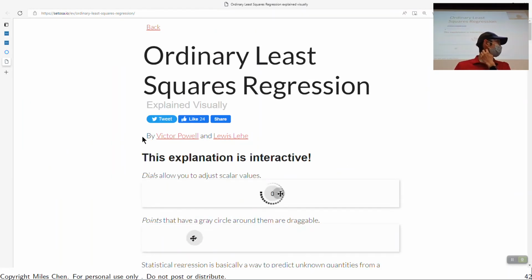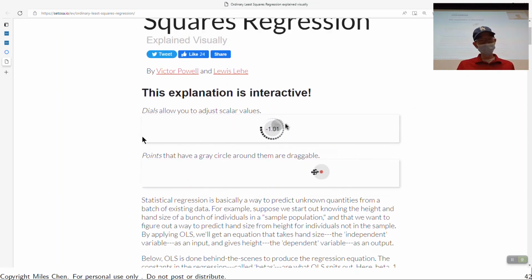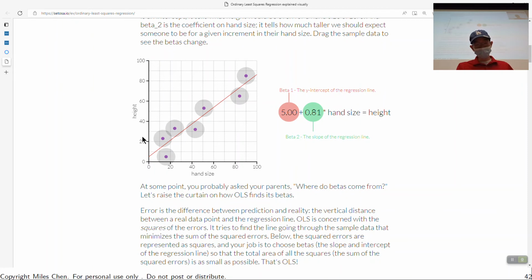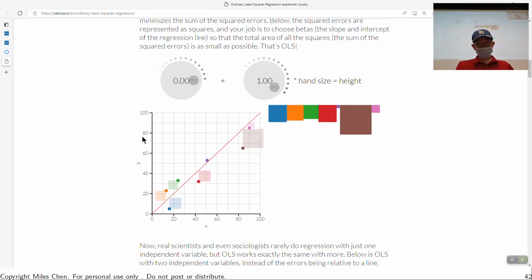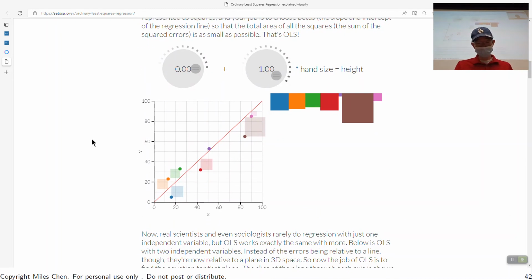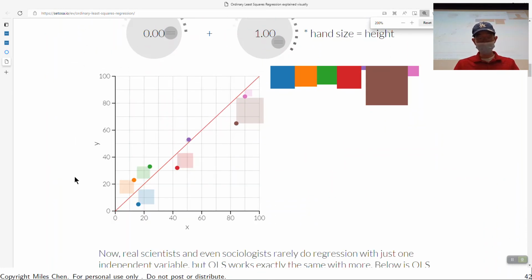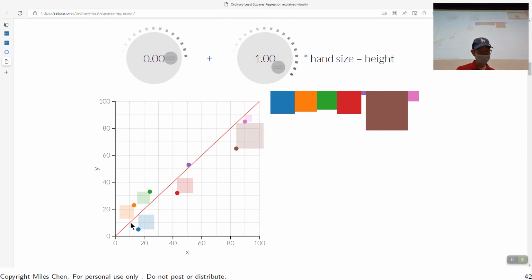visualization, the idea of least squares regression. Here we have 1, 2, 3, 4, 5, 6, 7 data points.